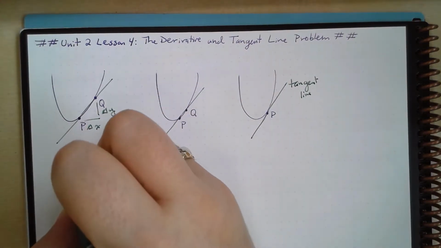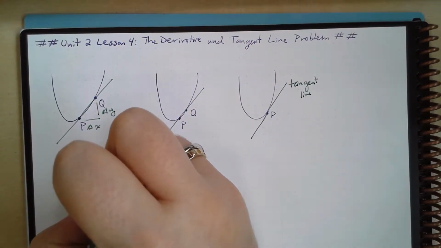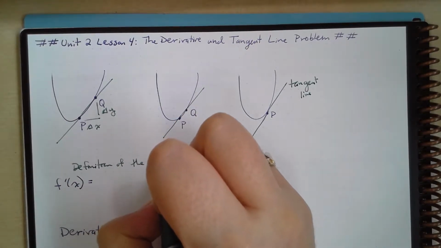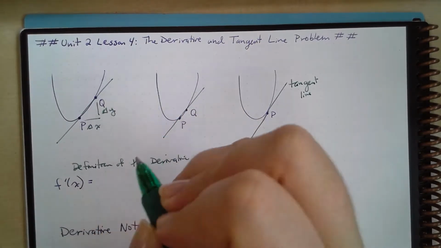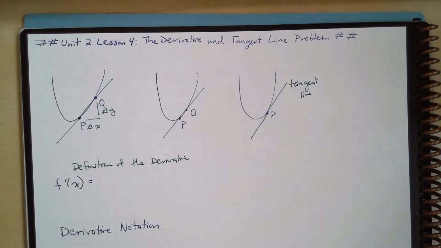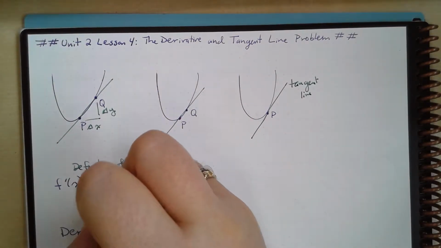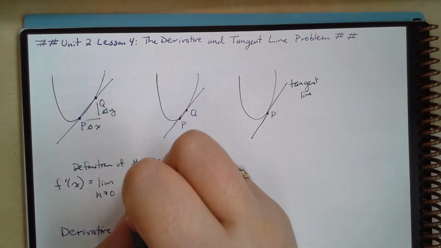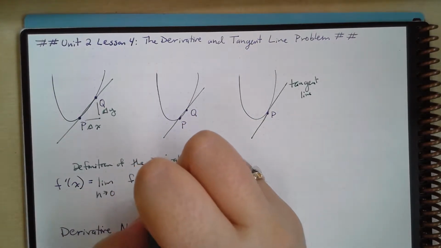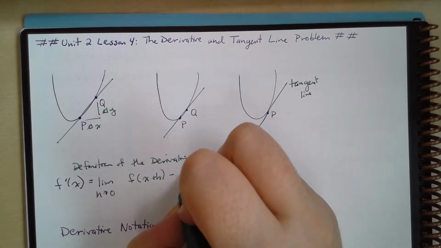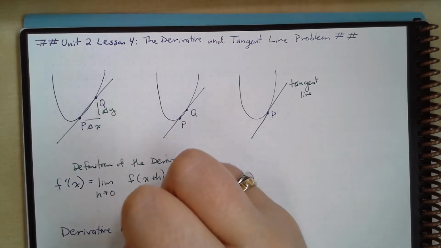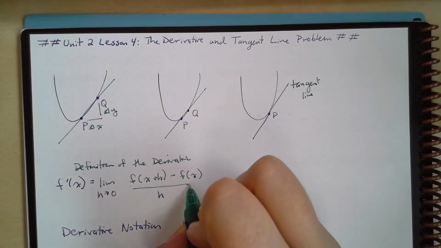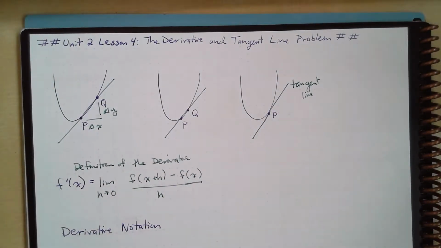The definition, I'll write this down, definition of the derivative states that f prime of x is equal to the limit as h approaches 0 of f of x plus h minus f of x over h. This is it. This is what we're going to be using, right?